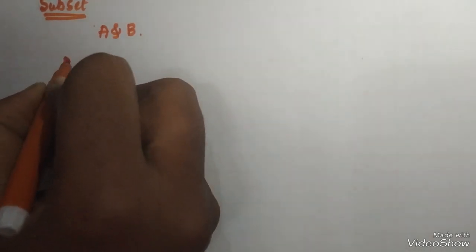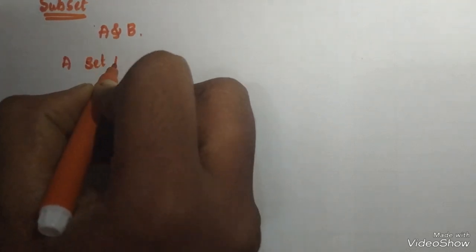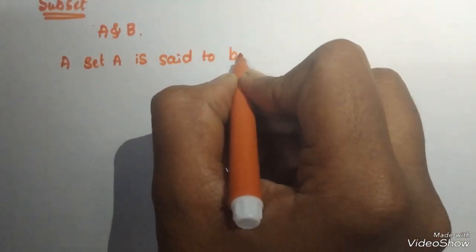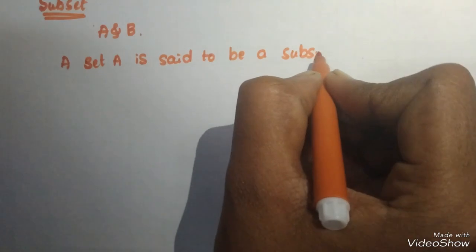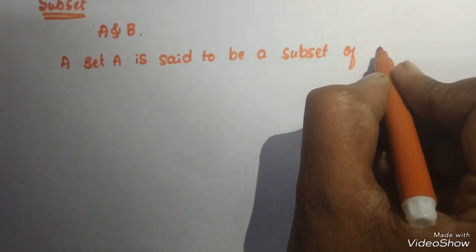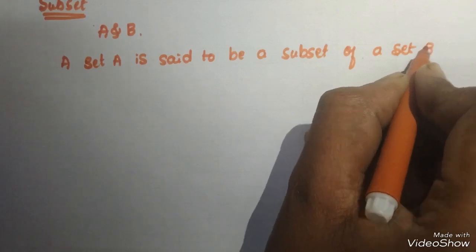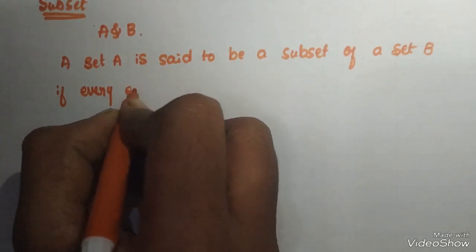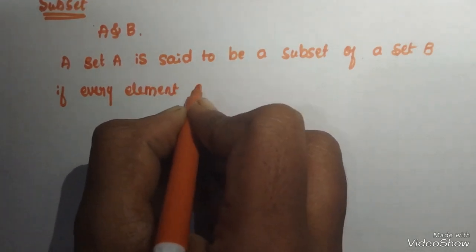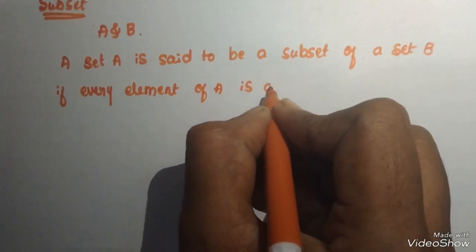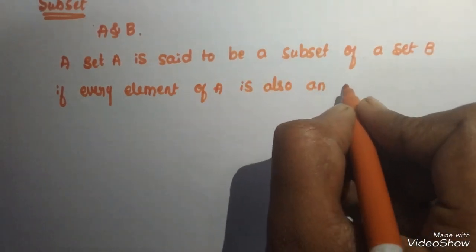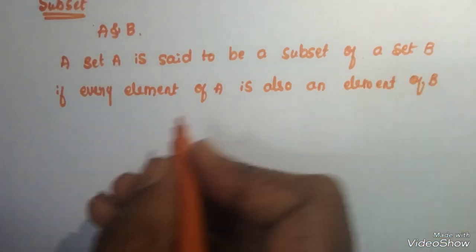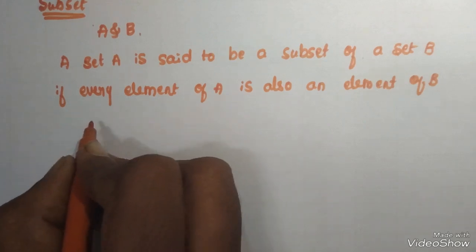Then the definition is: a set A is said to be a subset of a set B if every element of A is also an element of B. Here the subset can be represented by a symbol.